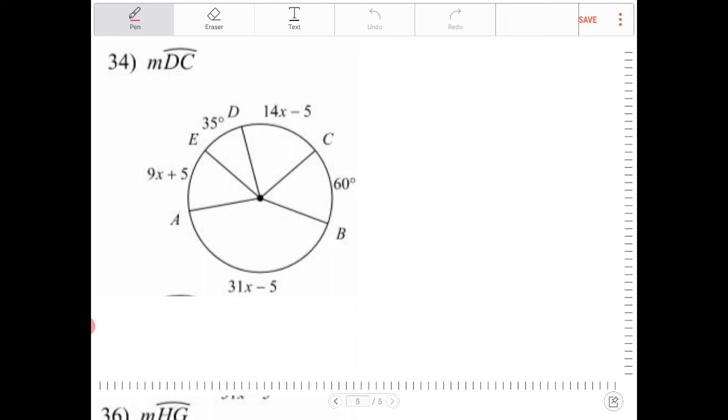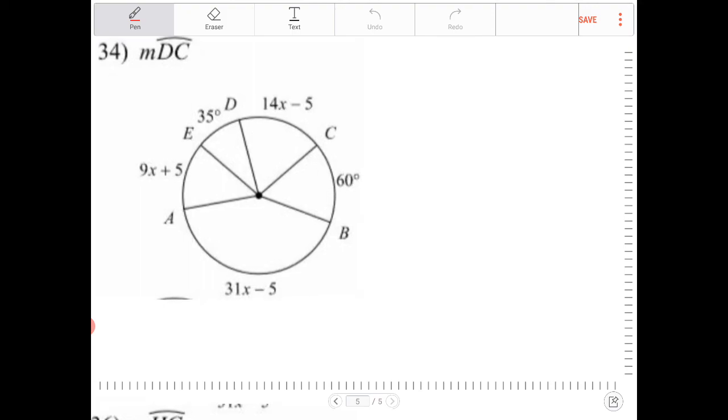Again, I'm going to add up all the x's, 9, 31, and 14. So that's 54x. 5, 35, so the 5's cancel. 35, and that would be 30, so it's plus 90 is equal to 360. 54x is equal to 270.